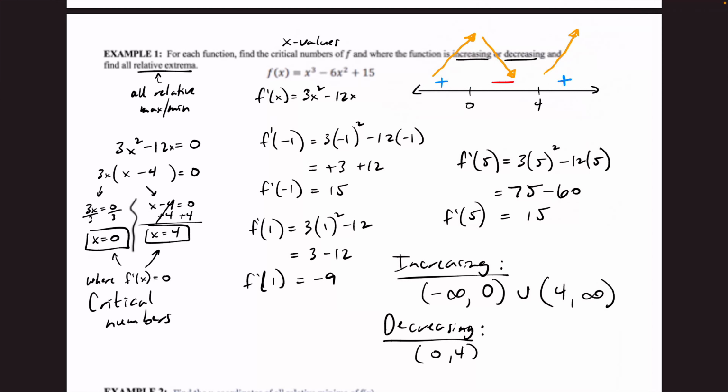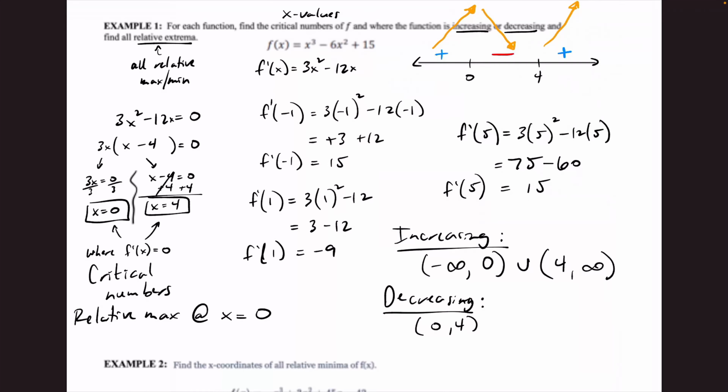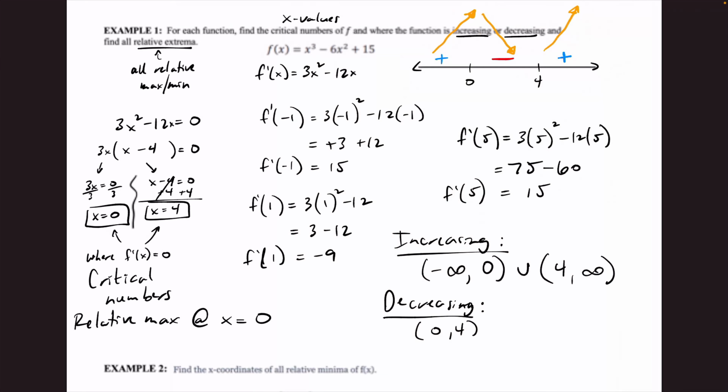So we have a relative maximum. So let's write this down. Relative maximum at x equals 0. Now, I know this question didn't ask, but they're going to ask you, and I want to write it down in our notes. What is our justification? So justification means, why are you saying 0?